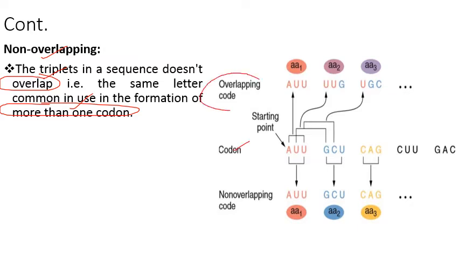If it were overlapping, there would be different combinations like we have AUU, this is the first combination, then the next codon would be UUU, and the next one would overlap this one. So it would form UUG, the next one shifts ahead by one, then UGC. In this way the codes do not overlap. The normal genetic codes are non-overlapping.